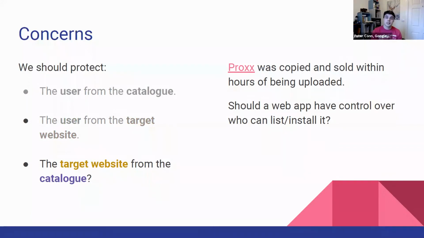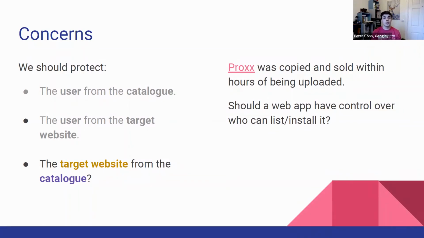And protecting the target website from the catalog. So Chrome DevRel a while ago created a game called Proxx, basically to show off what can be done with web development. I think it was web workers they were showing off at the time. And within a couple of hours, it had already been copied and uploaded to app stores behind a price tag.